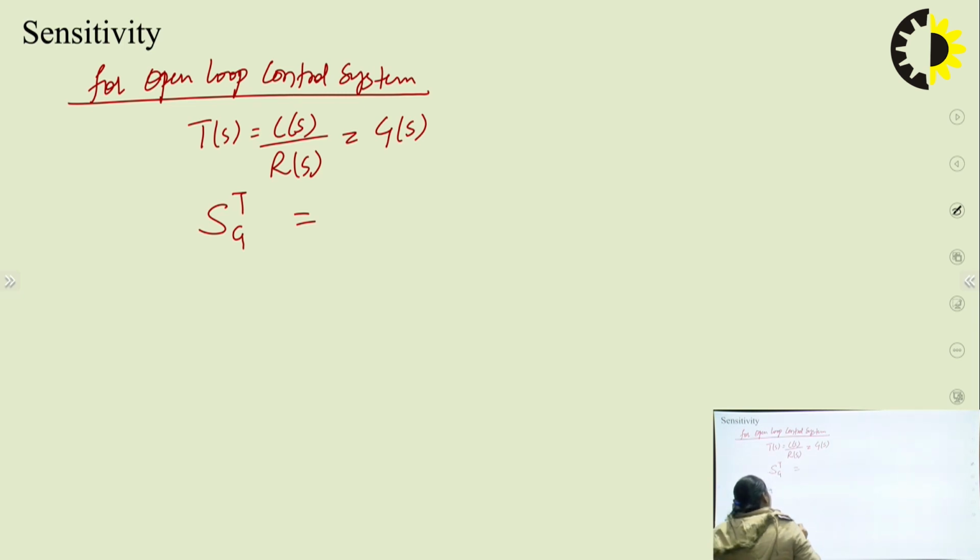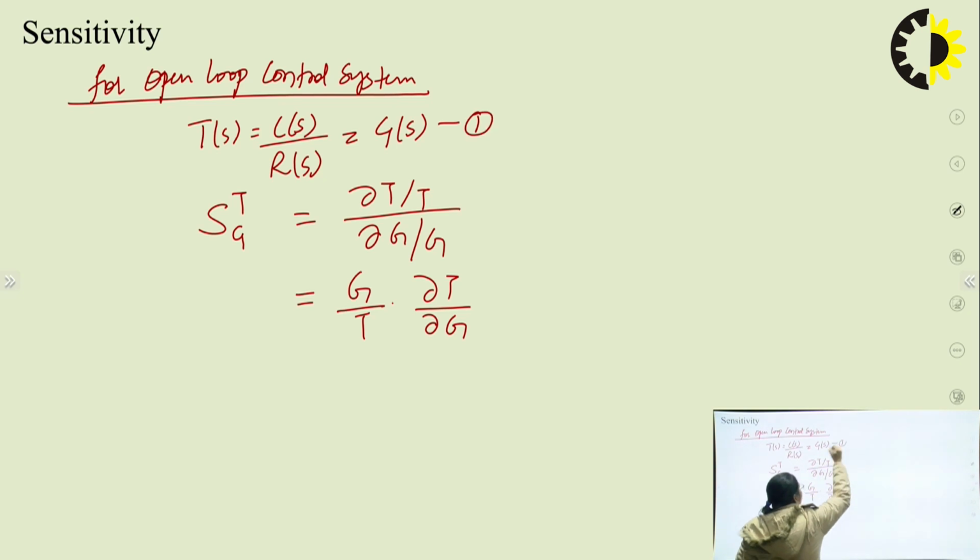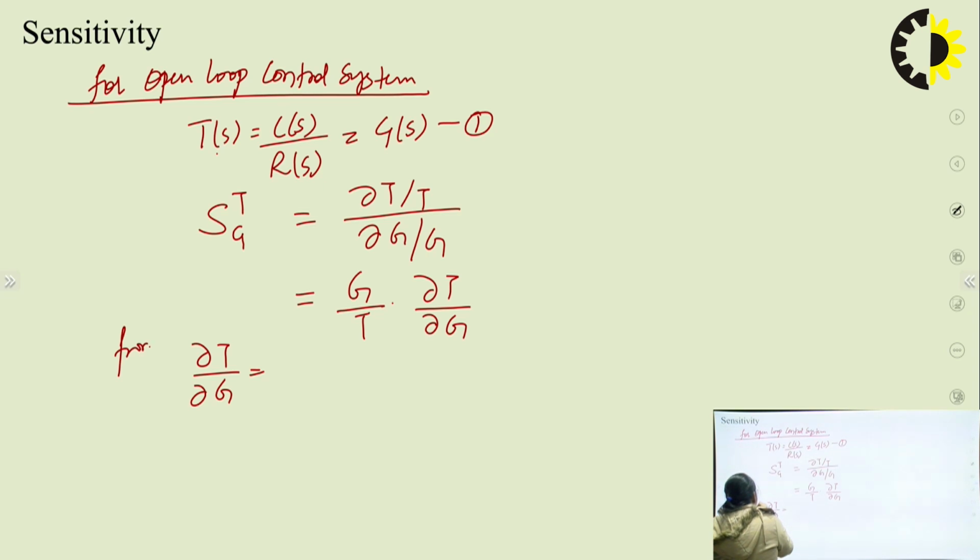Then I can write it as delta T by T upon delta G upon G, or also as G upon T into delta T by delta G. From equation number 1, since T is equal to Gs only, delta T by delta G will be equal to unity, 1.